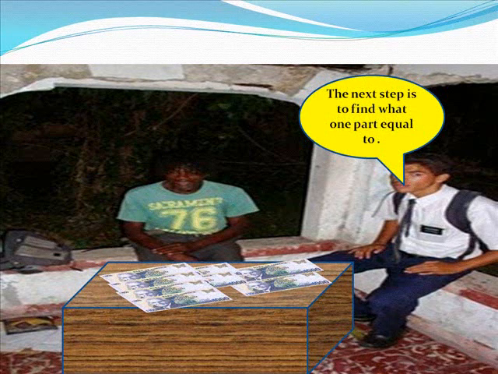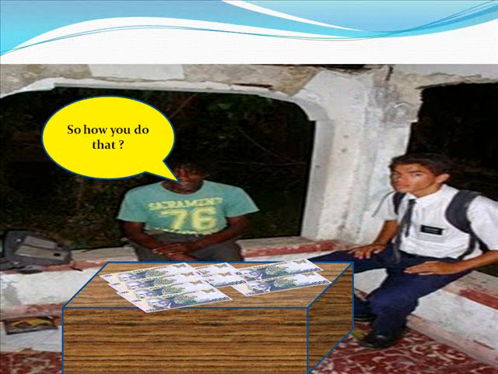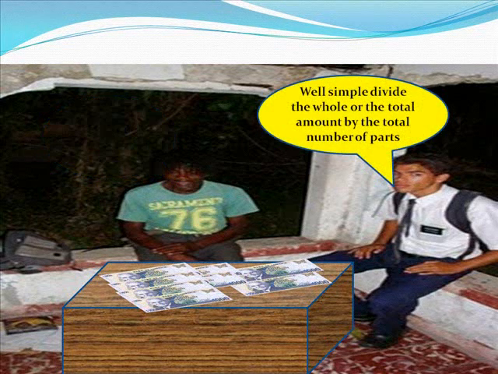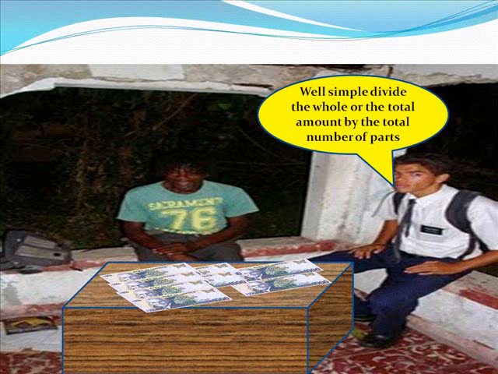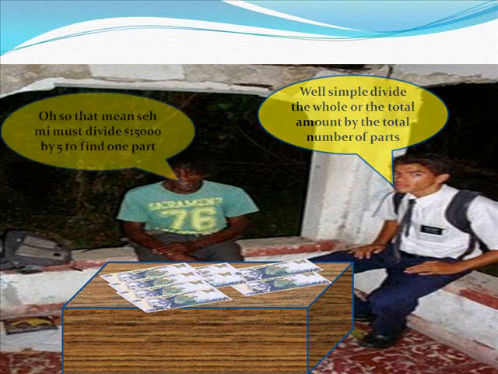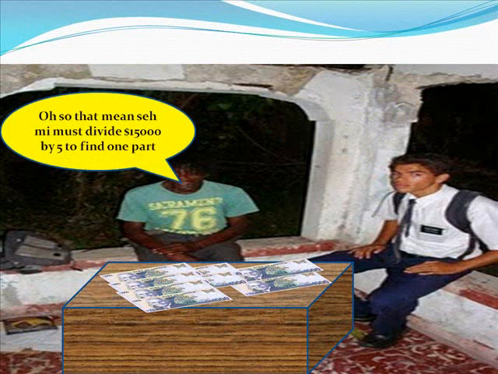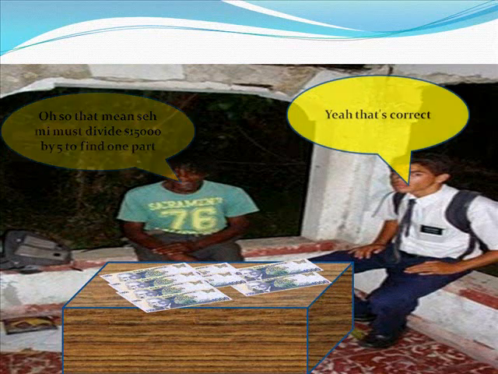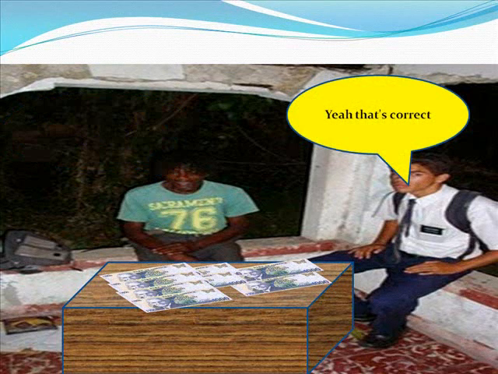The next step is to find what 1 part is equal to. So how do you do that? Well, simple. Divide the whole or the total amount by the total number of parts. Oh, so that means that we must divide $15,000 by 5 to find 1 part. Yeah, that is correct.